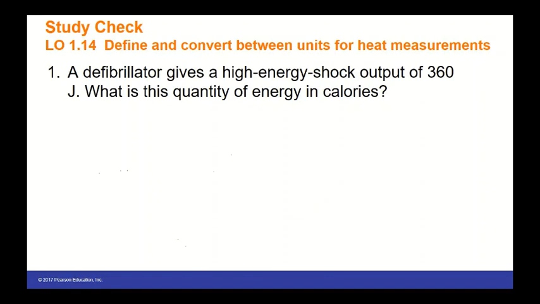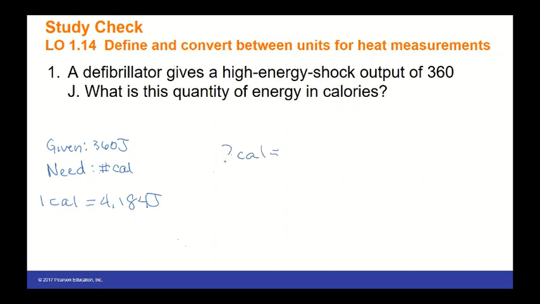Let's try a problem. A defibrillator gives a high energy shock output of 360 joules. What is this quantity of energy in calories? Well, we're given 360 joules, and we need to know the number of calories. Our conversion unit is 1 calorie is equal to 4.184 joules. Notice that joules is a smaller energy unit than a calorie.